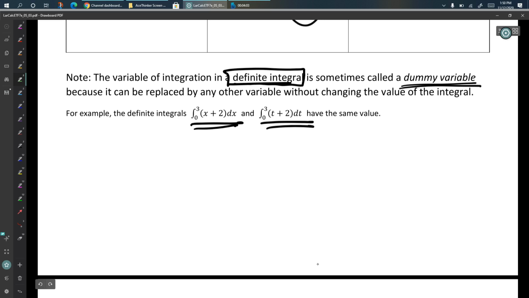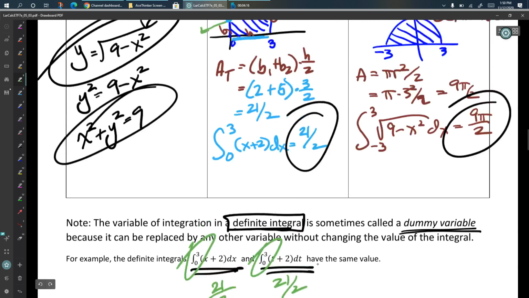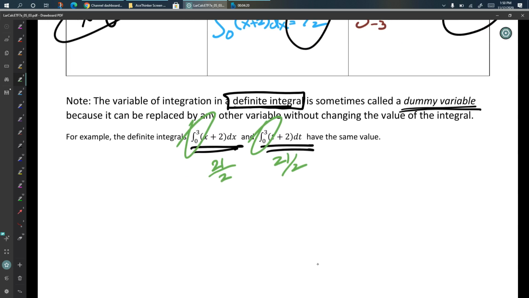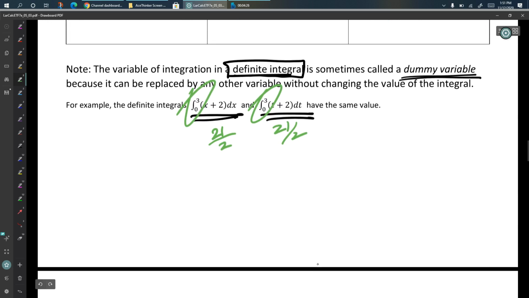So if x plus 2 is 21 halves, then t plus 2 would also be 21 halves on the same intervals. Okay? It doesn't matter what variable you use. We usually use x's because then it relates back to all the graphing that you have familiarity with. But there's nothing about it that requires that.